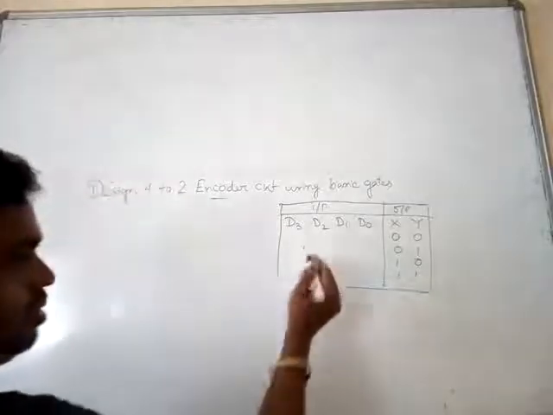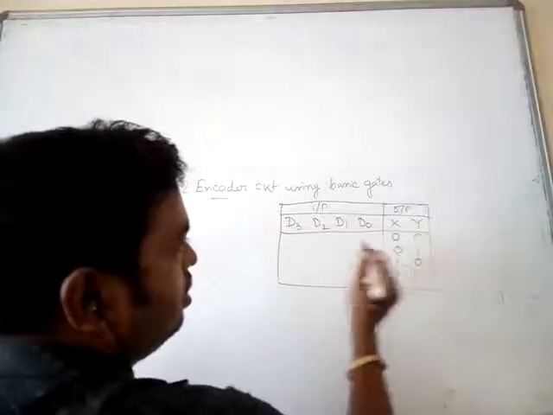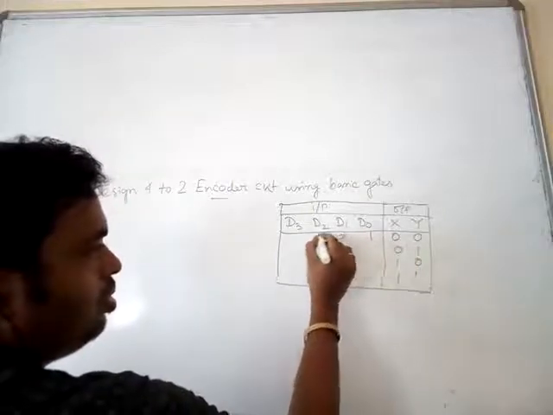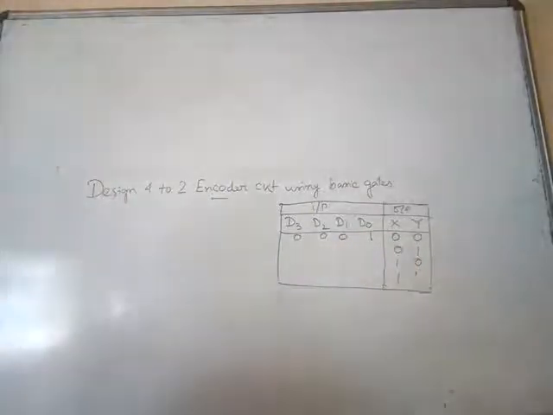For each state, first D0 is high and D1, D2, D3 are low.